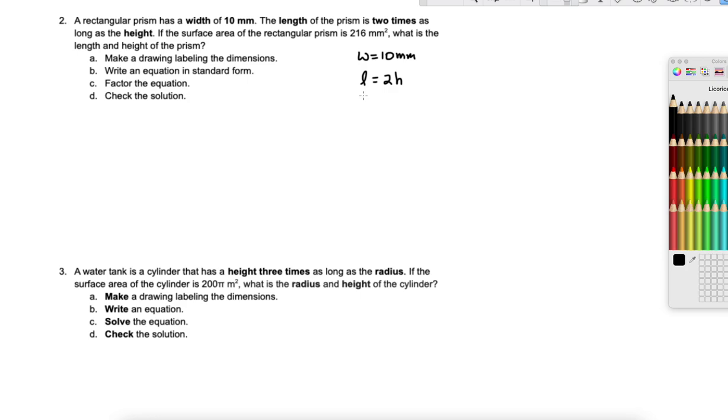Okay, so the surface area, so the height, we have a height dimension here. We're not given any information about what the height is, but the surface area, we're told, is 216 millimeters squared. Okay, so what is the length and the height of the prism?